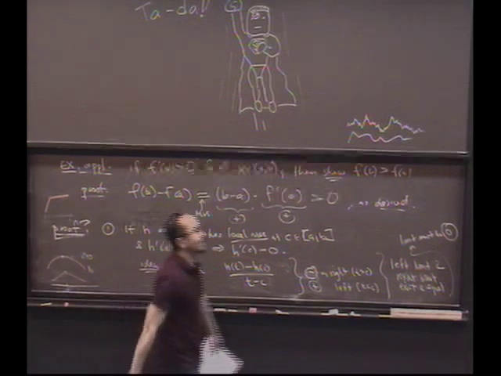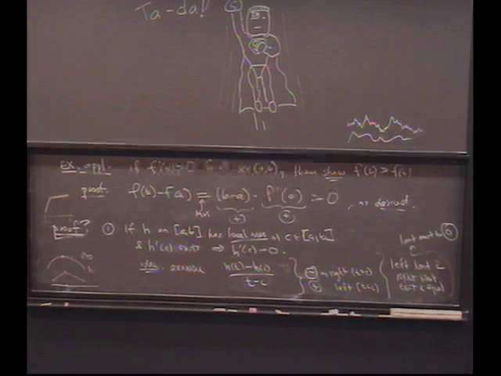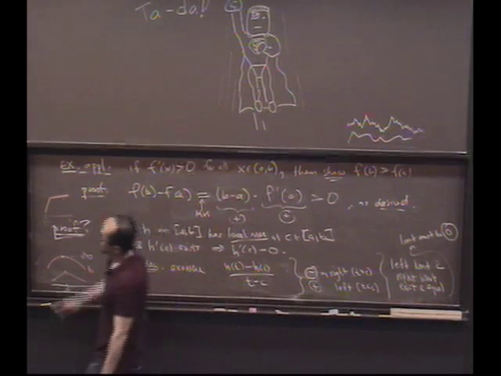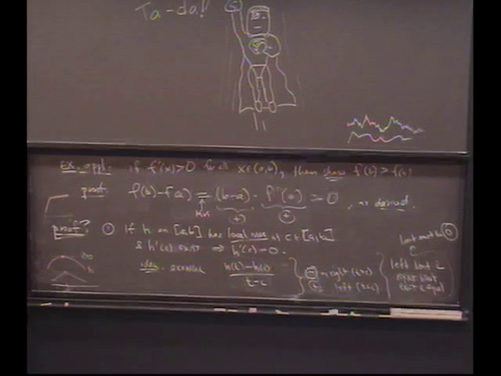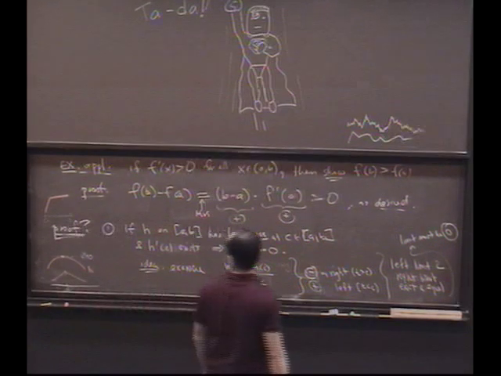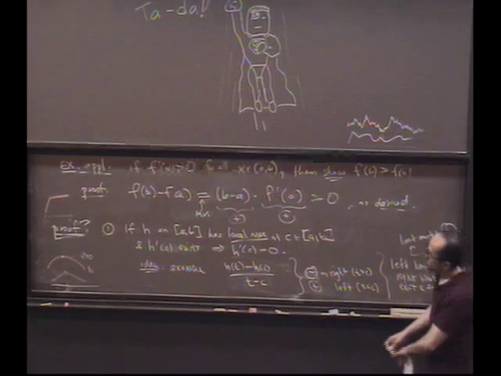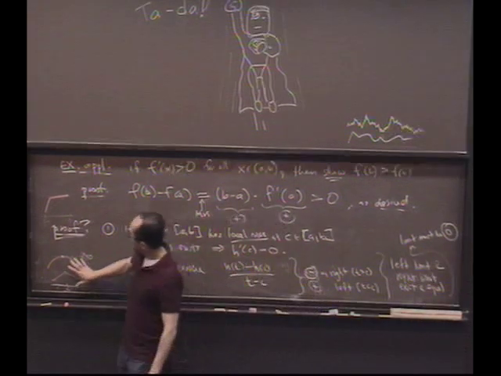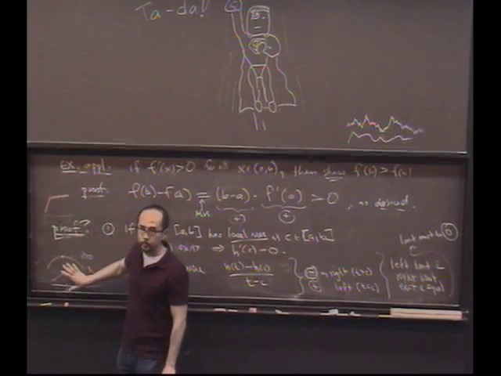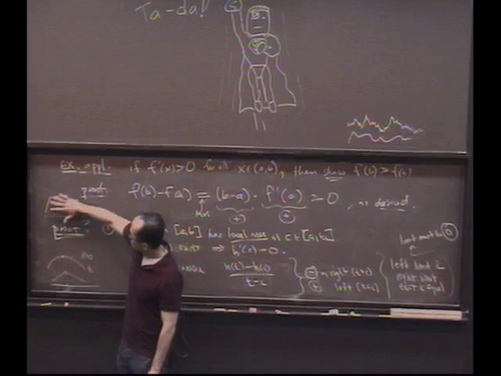Now, suppose that is true. How will this enable me to prove the mean value theorem? Well, how is this picture kind of like this picture? Yeah, it's just a little off.